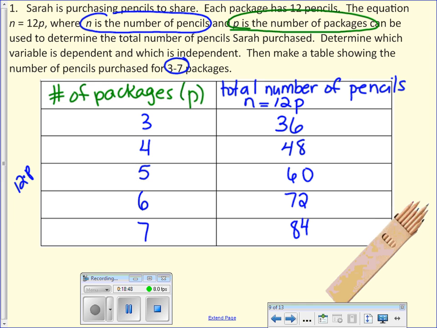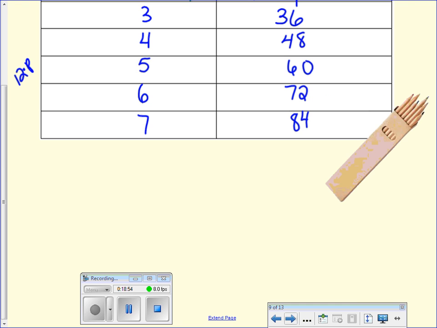But now, which is my independent and which is my dependent? Which is my independent variable? I'm spelling that wrong.